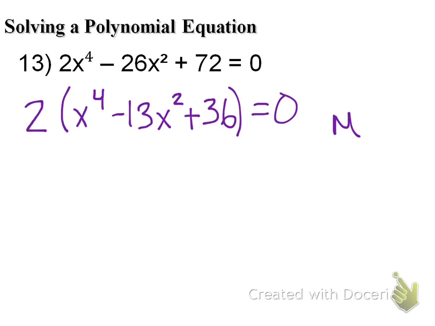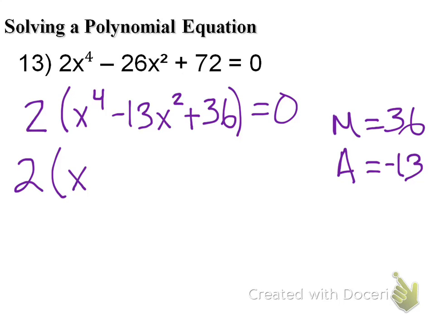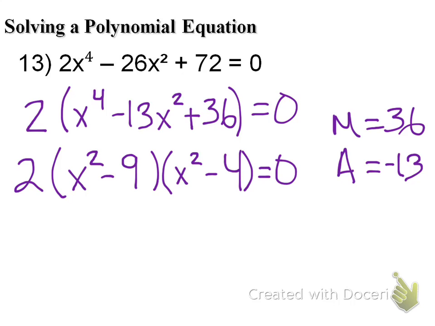Just like the last one, we have a trinomial, so we can do multiply, add. Do you guys know 2 numbers that multiply to 36 but add to negative 13? Negative 9, negative 4, good. Now, what is special about the negative 9 and the negative 4?